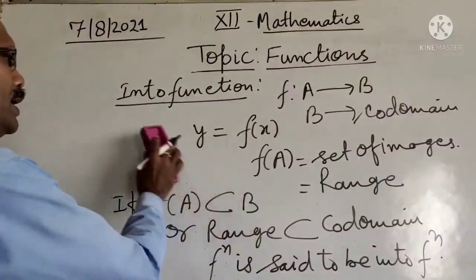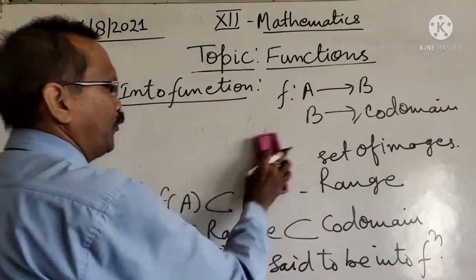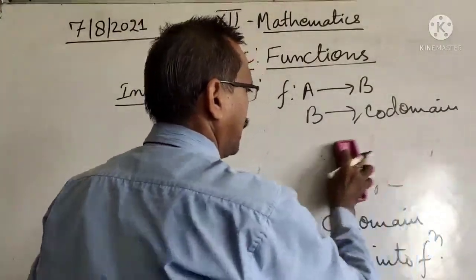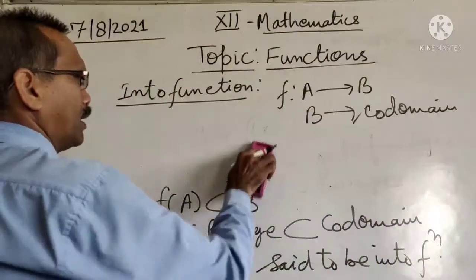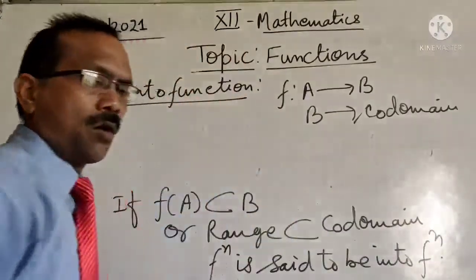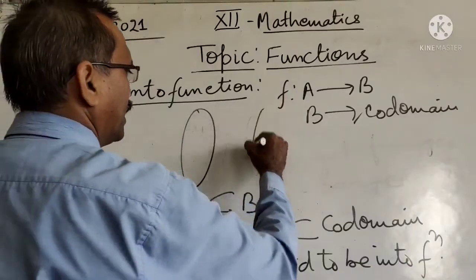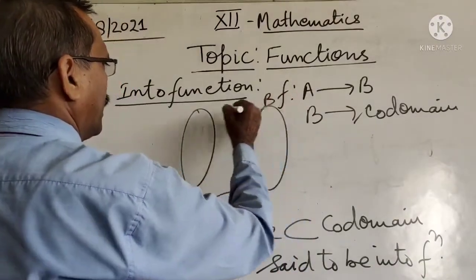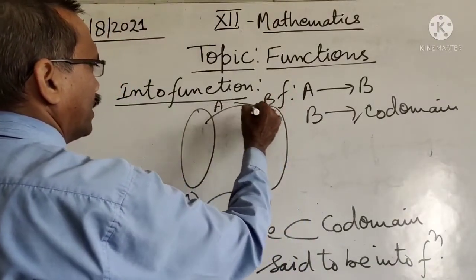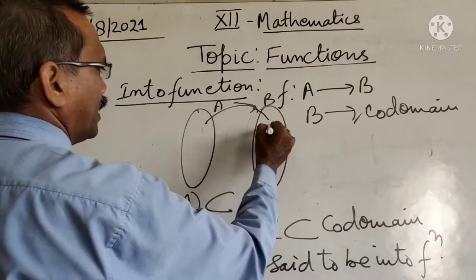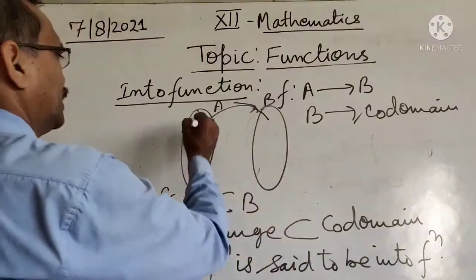Dear student, in an into function, all the elements of the set B are not images.